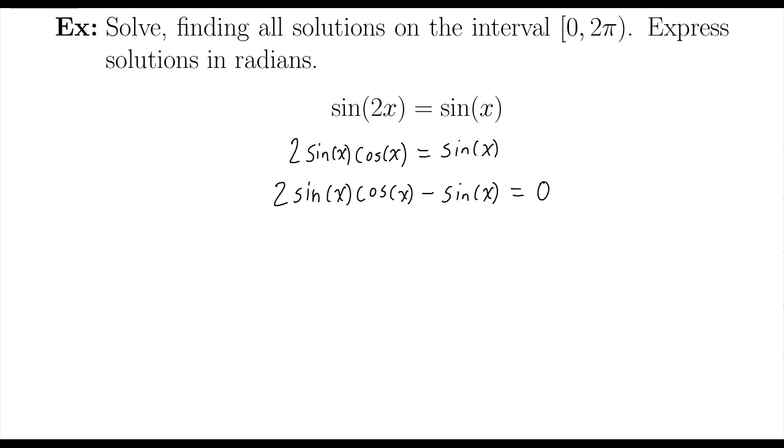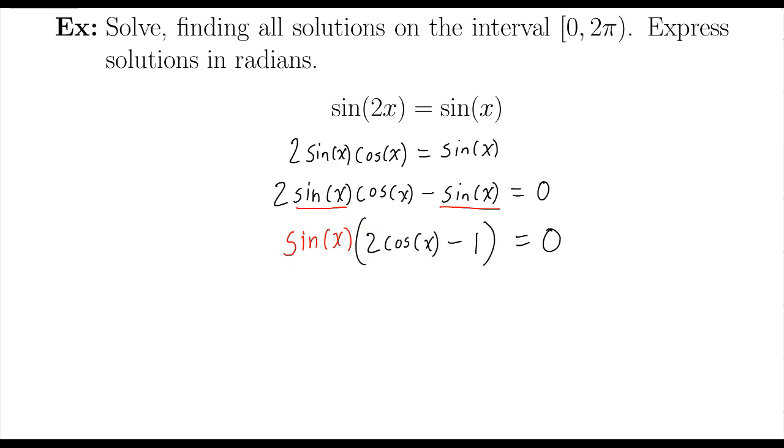Okay, and now hopefully you see that I have a common factor here of sine of x that I can factor out, leaving me with 2 cosine x minus 1. Okay, this is plain old factoring out the greatest common factor here.